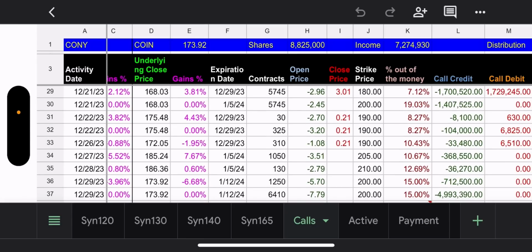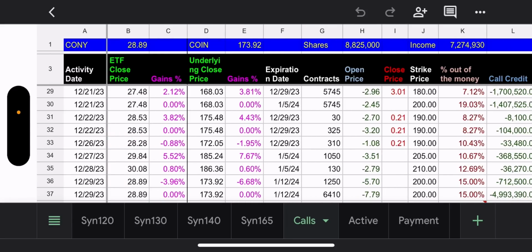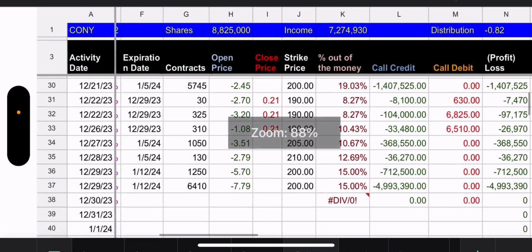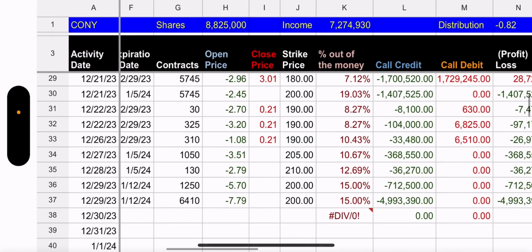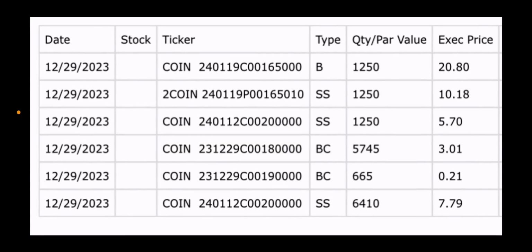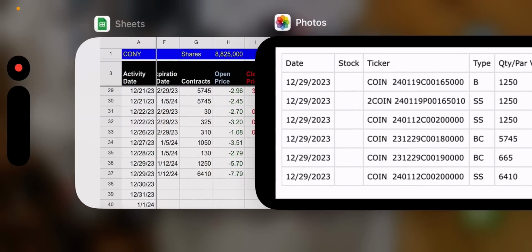The top one, the 180 strike, they had to pay a decent amount, 301. What's Coin at? It was at 173, so it was below that. They must have closed that maybe when Coin was at a higher price. If you go here, you can see the BC on the 180, 301 execution price, right?